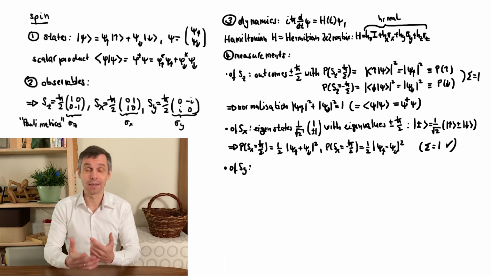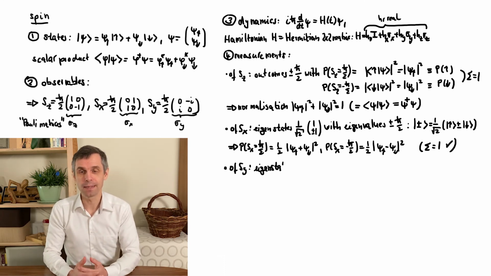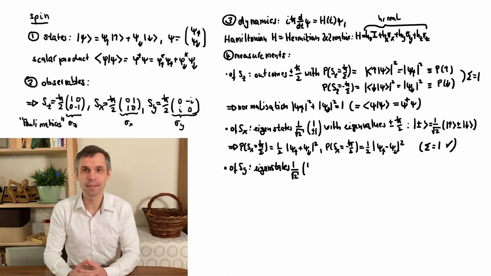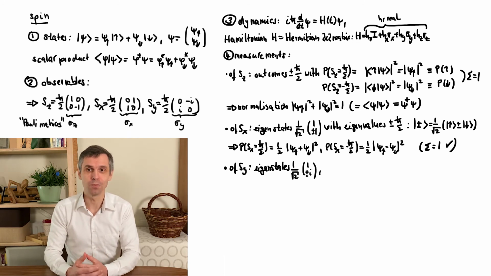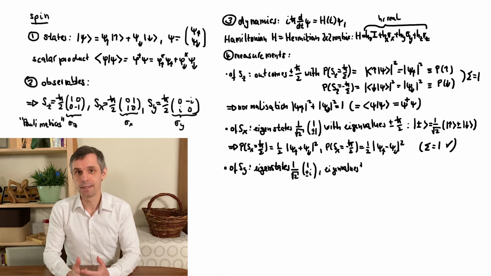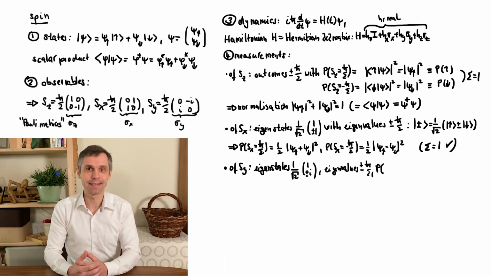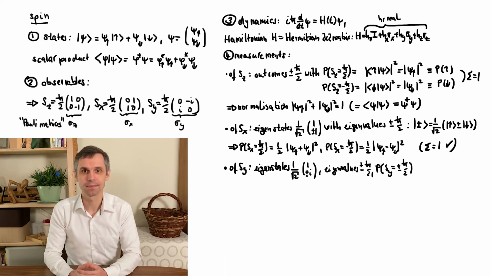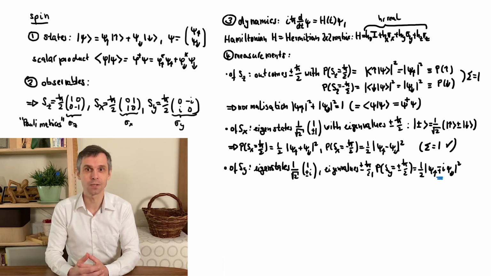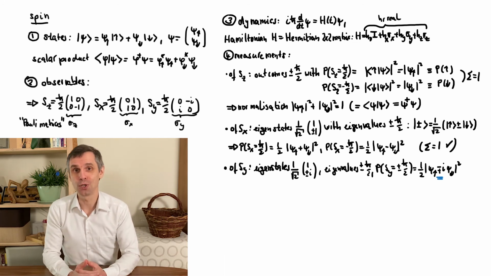Finally, we also find the same eigenvalues for Sy with yet another pair of eigenstates, now with an imaginary component, and these give us the probabilities as stated. Note the change of sign indicated in blue, which traces back to the complex conjugation in the scalar product, where it affects the imaginary component of the eigenstate.